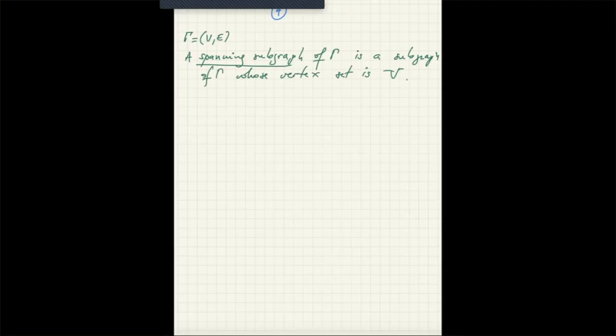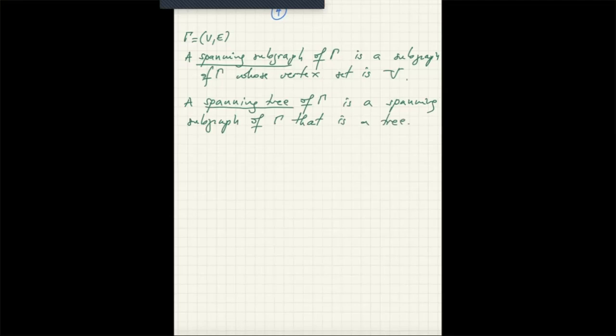And so with that definition, it allows us to define the following notion: a spanning tree of gamma is a spanning subgraph of gamma that is a tree.